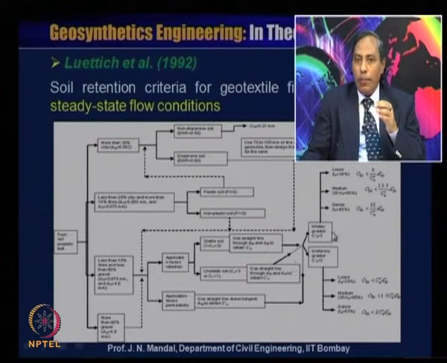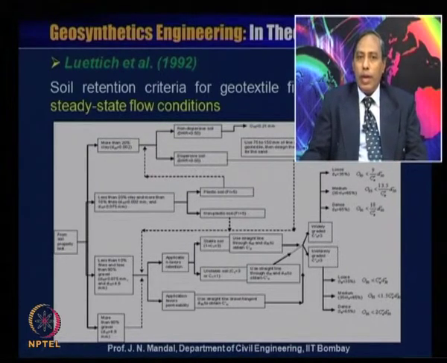And if this Cu value is less than 3, then also, whether it is a loose condition, medium or high relative density, accordingly you can calculate what will be the O95. It is almost similar to the Giroud chart.